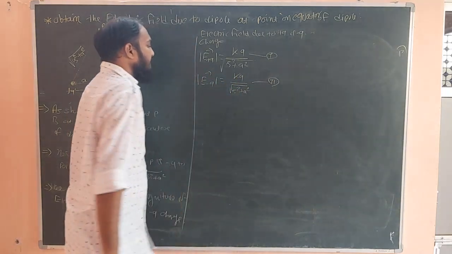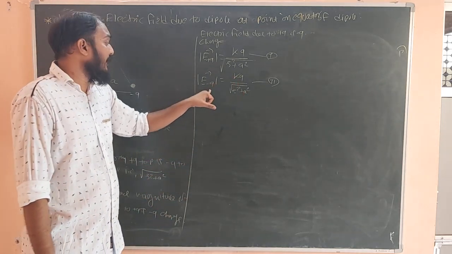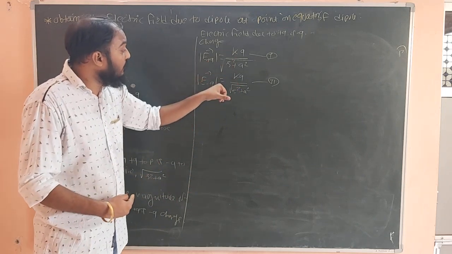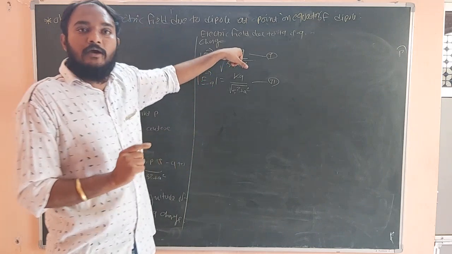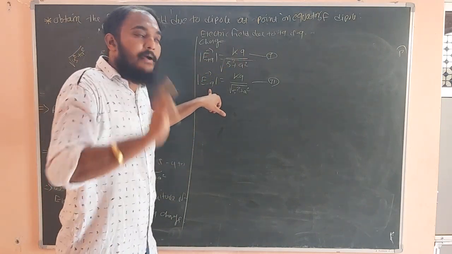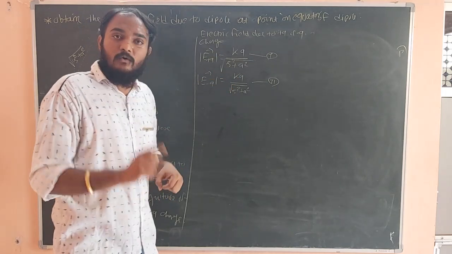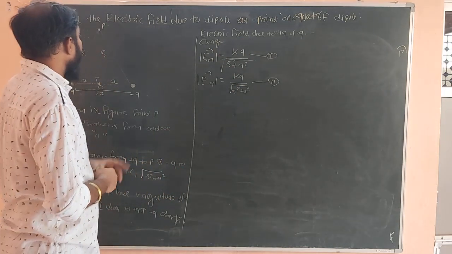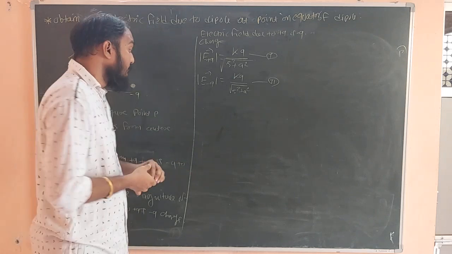Equation 2. We have not taken negative Q here. Why? Because we know the magnitude will be the same. Minus is a property of that charge. It gives you the direction, but we want to give only magnitude. So we will get E plus Q and E minus Q as the same. They will have the same magnitude at point P. Now the direction.